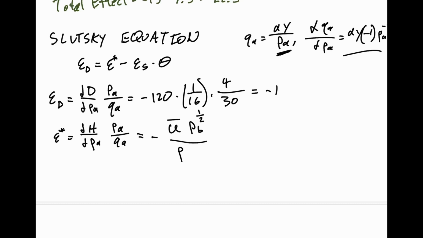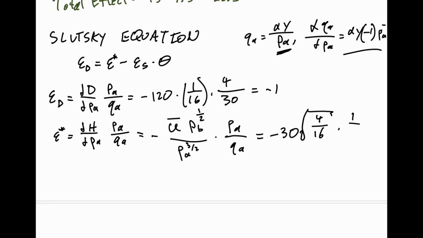And then on the bottom we have PA to the 3/2. And then we multiply this all by PA over QA. And when we plug in the numbers here, we have -30 times the square root of 4 over 16, which looks nice, and 1 over 30. And this should all come out to be 1/2.